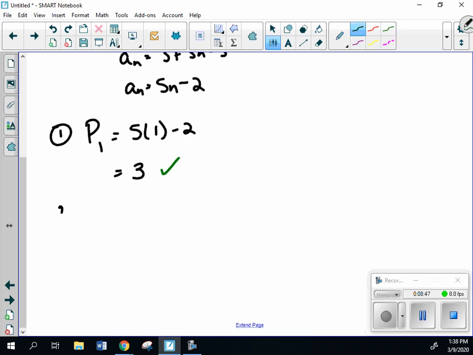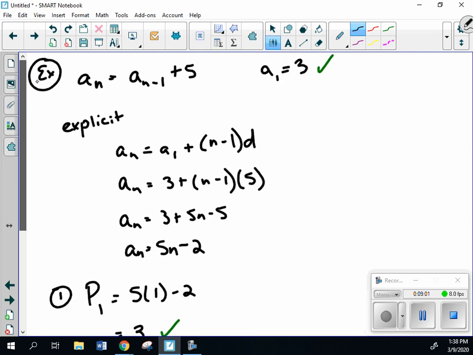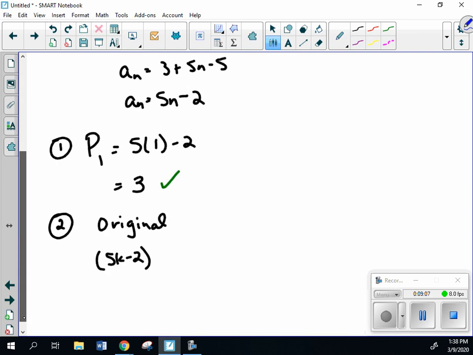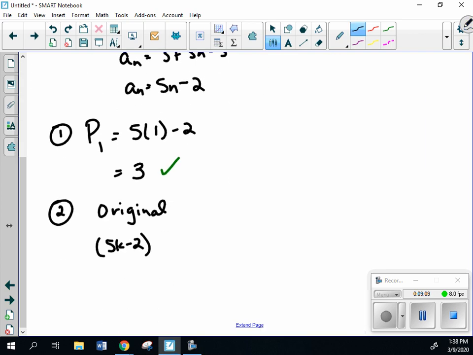Okay. Step 2, our original. Our original is 5k minus 2. If you look at this, right here, this is the original, and we're supposed to add 5. Now, that's supposed to equal our k plus 1 side.